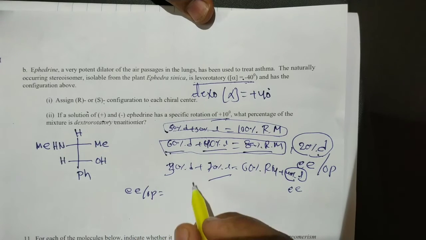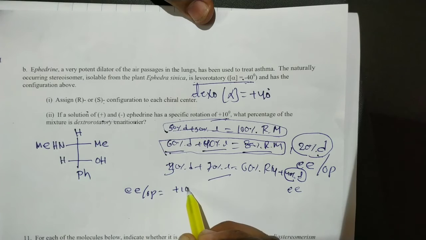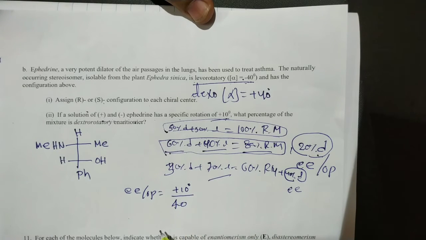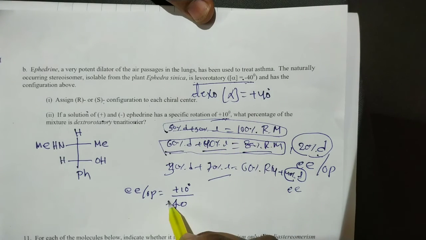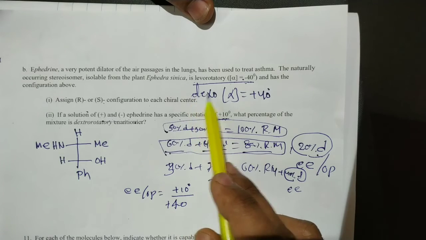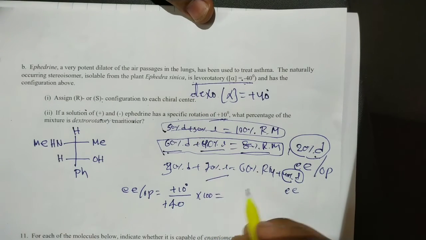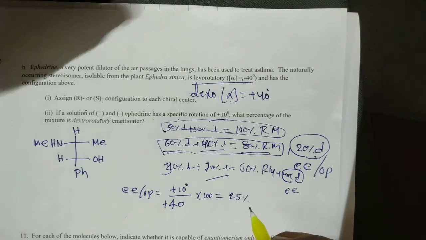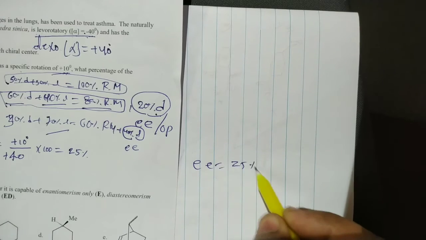That equals the rotation of the mixture, plus 10 degrees, over the rotation of the pure enantiomer, 40 degrees. Since the dextro isomer is present in excess, I am taking the pure rotation of the dextrorotatory form, times 100, which equals 25 percent. So the enantiomeric excess is 25 percent.